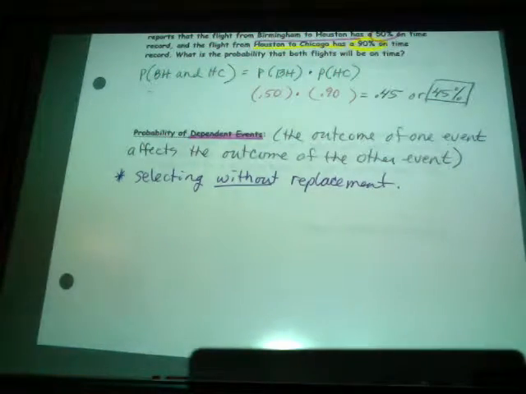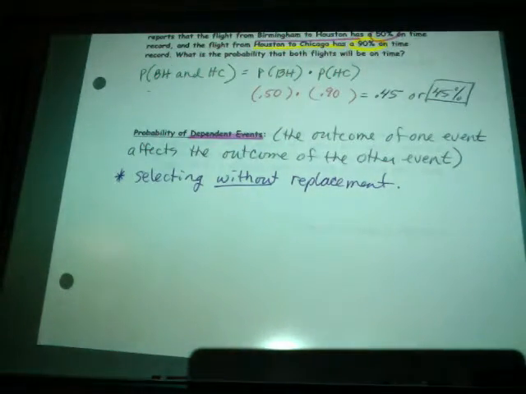In other words, without those marbles going back in the bag. Before, if I put the marble back in the bag, remember I had 3 white marbles and 2 black marbles in a bag of 10 marbles. So if I wanted to select a white marble and then a black marble, my probability with replacement was 3 out of 10 times 2 out of 10.